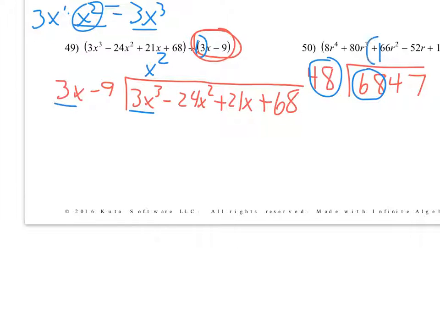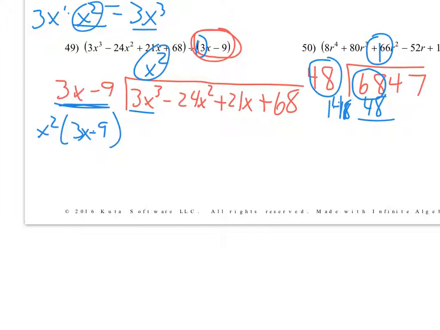Now, just like you did here, when you put the 1 up here, then you did 1 times 48, which was 48, and you put it under here and drew a line. Well, now I'm going to multiply x squared times the divisor of 3x minus 9. How do you multiply a monomial times a binomial? We looked at it earlier in this section. We distribute. And you're going to put it right underneath here, so I get 3x cubed minus 9x squared.